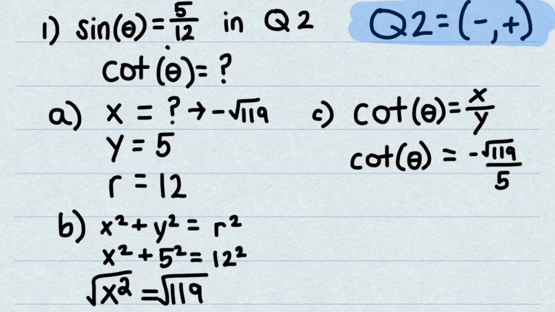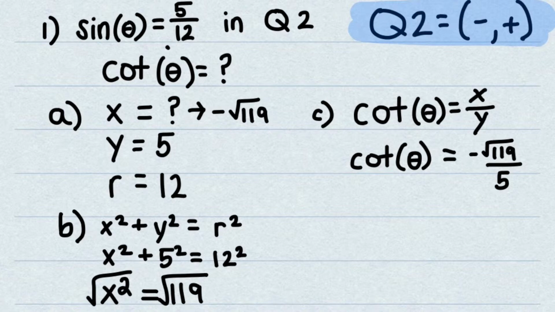Using basic algebra, take the square root of both sides, which gives you x. X is equal to the square root of 119. And because x is in quadrant 2, we know that it's negative, so it's actually the negative square root of 119.